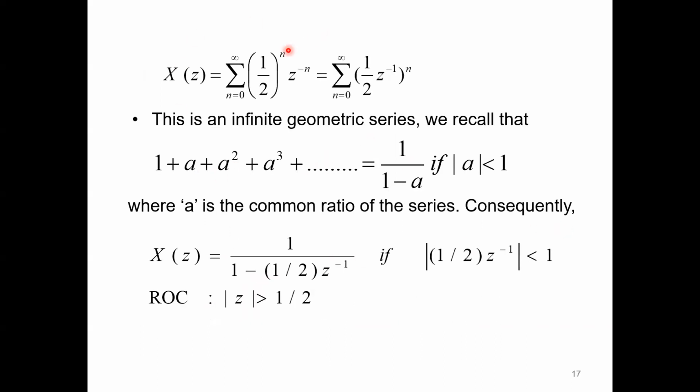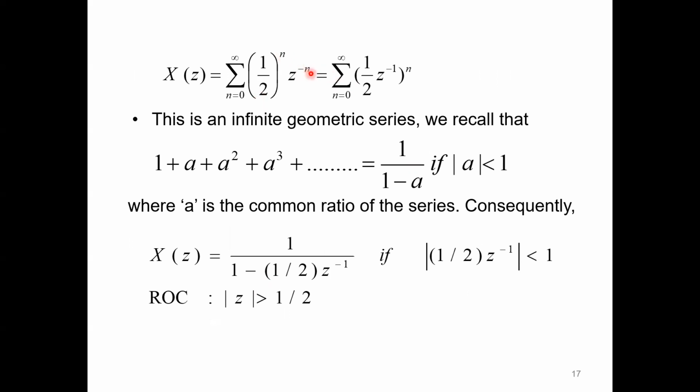So you can see the entire sequence can be written like this: from 0 to infinity, half to the n, z to the minus n. Pretty simple. This is the rate the magnitude drops, and this is the position of that sample.